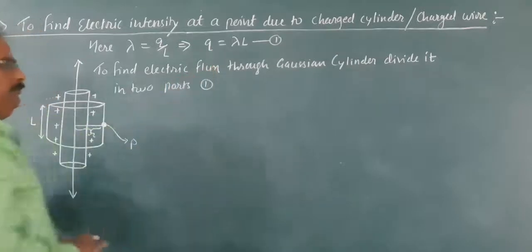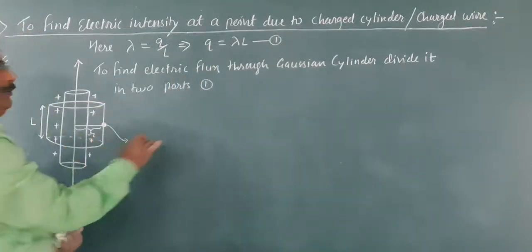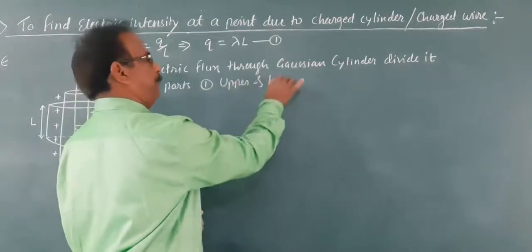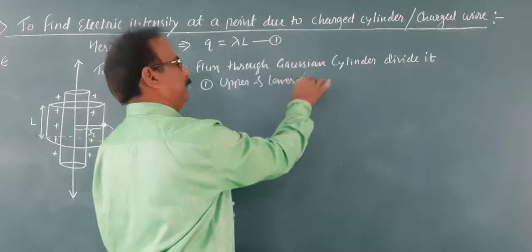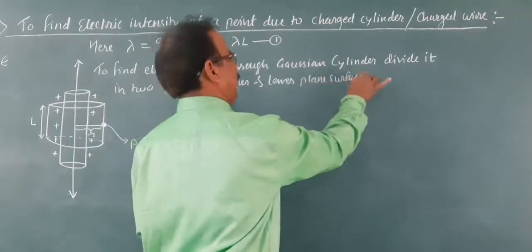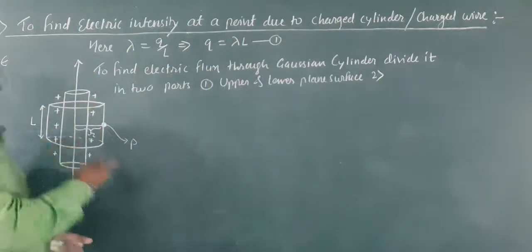Number 1, the upper and lower plane surfaces, and second, the curved surface. First find the electric flux through the upper and lower plane surfaces, then through the curved surface.